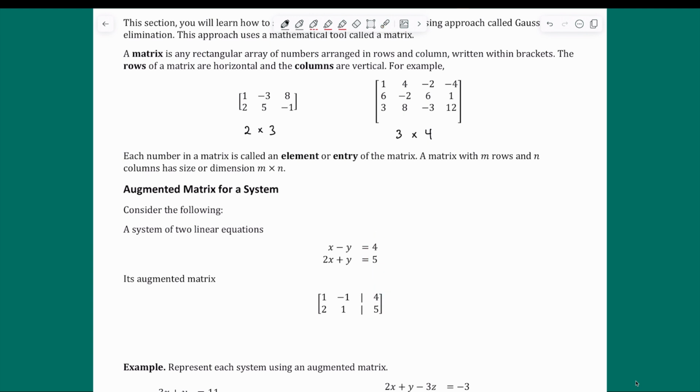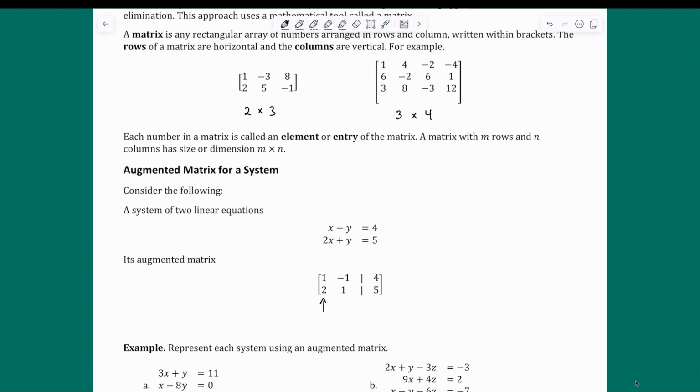So once again, these were the coefficients of x, this one was the coefficients of y, and these are just the constant terms. Each column corresponds to that, and the rows correspond to the equations. That's how the augmented matrix works.